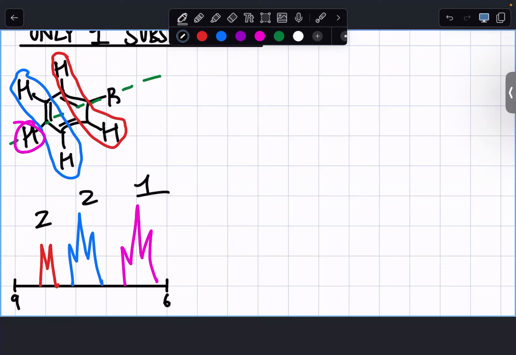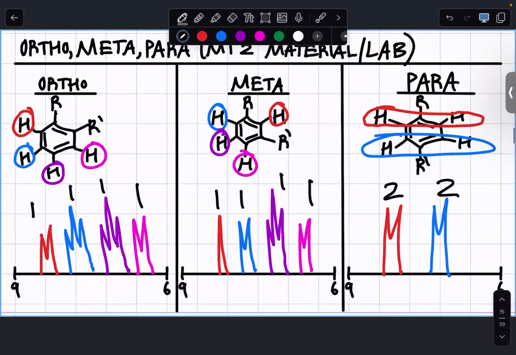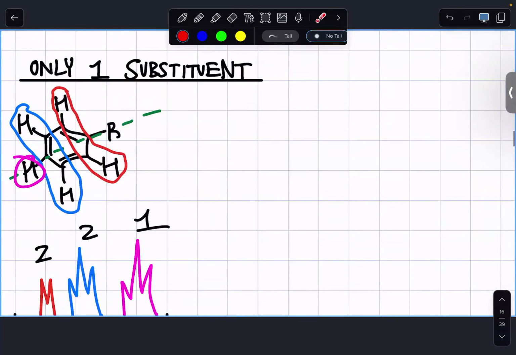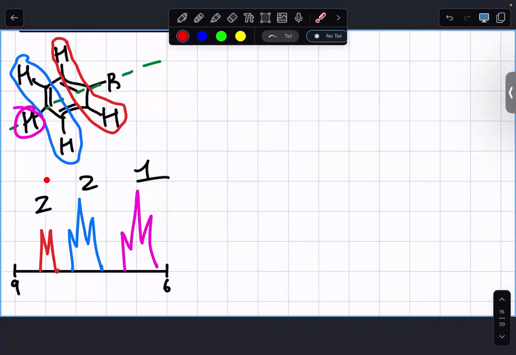If you see 5 hydrogens in the 6 to 9 range, then you know that there's only 1 group on the benzene ring. In the other case, with the ortho meta para, the total benzene hydrogens was 4. But in this case, this adds up to 5 because we only have 1 group there. So this is not ortho meta para, it's just 1 group on the benzene ring.